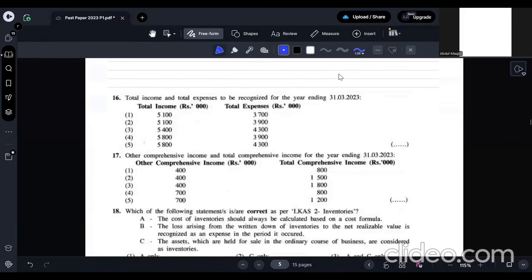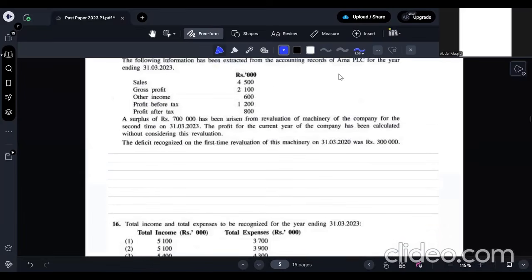Okay. Total income, total expense, other comprehensive income, and total comprehensive income. So first of all, how to do this? Total comprehensive income equals total income minus total expense. Now in income, sales is an income.